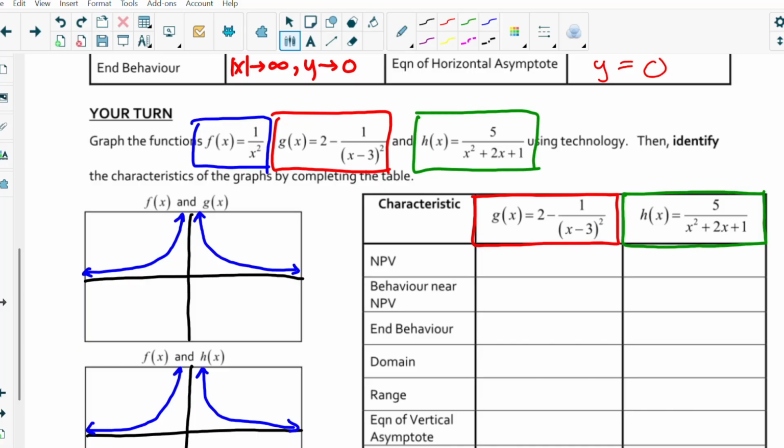So let me draw in my asymptotes. That would be y equals 2. This would be x equals, let me put it on the other side, x equals 3.